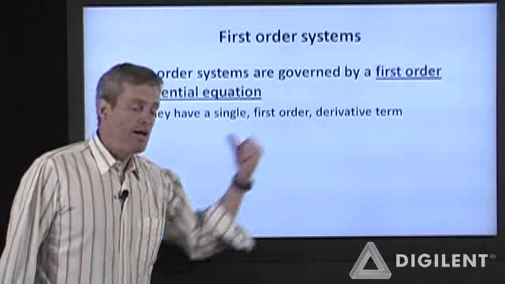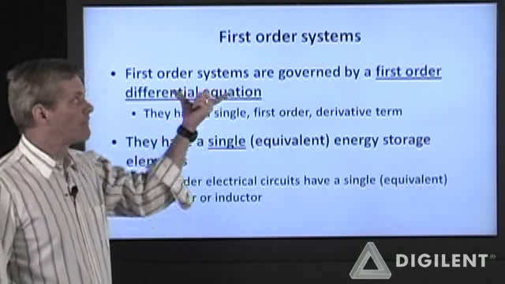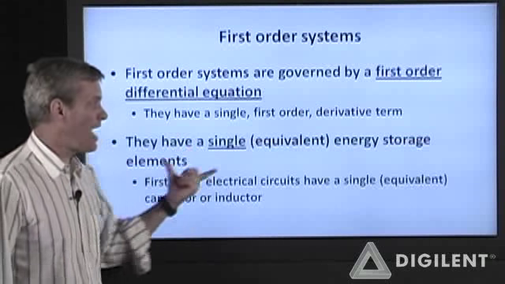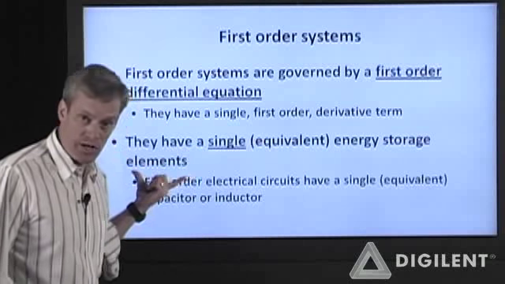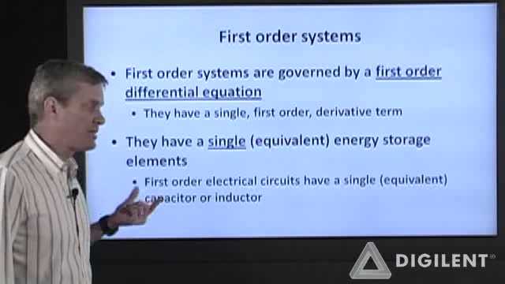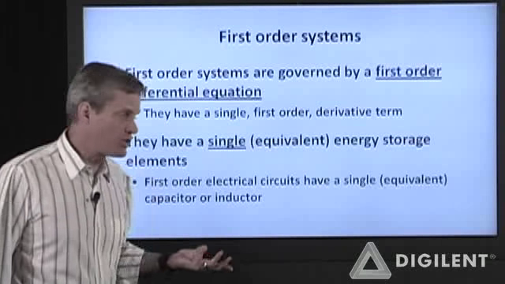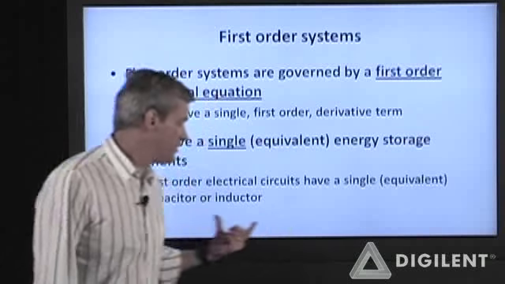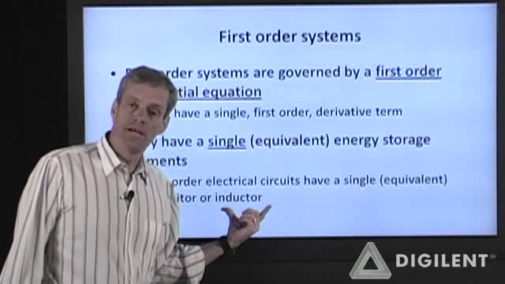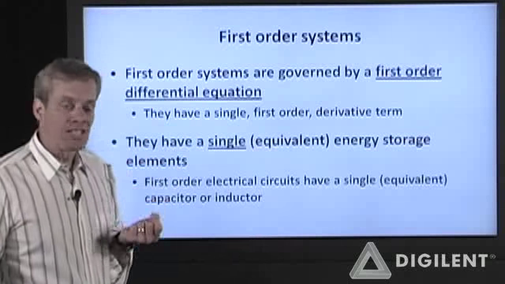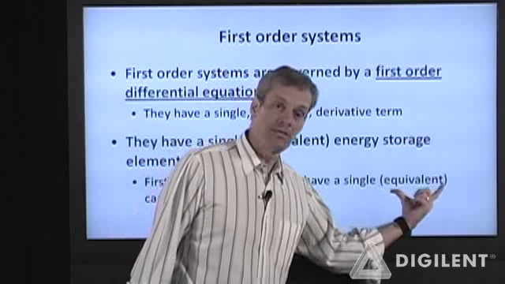Now, one byproduct of this is that first-order systems will have a single energy storage element. So if you're dealing specifically with first-order electrical circuits, they will have a single capacitor or a single inductor. There's a slight generalization to that.